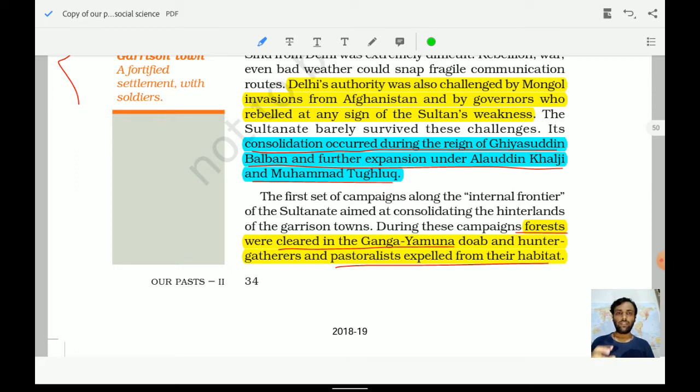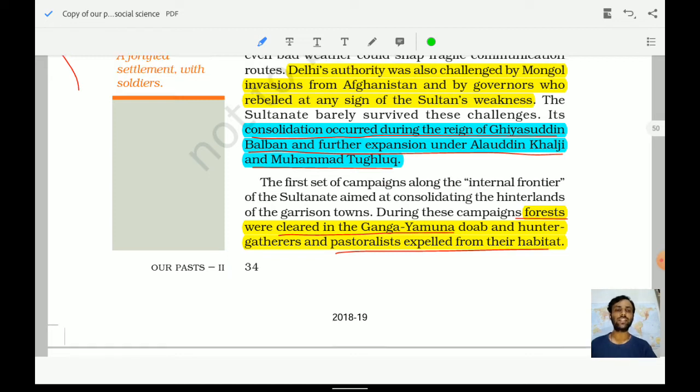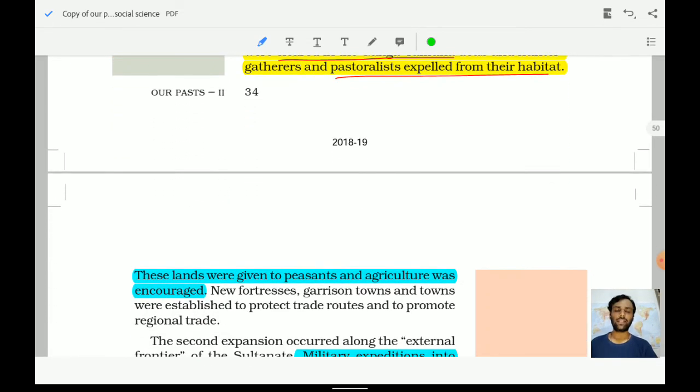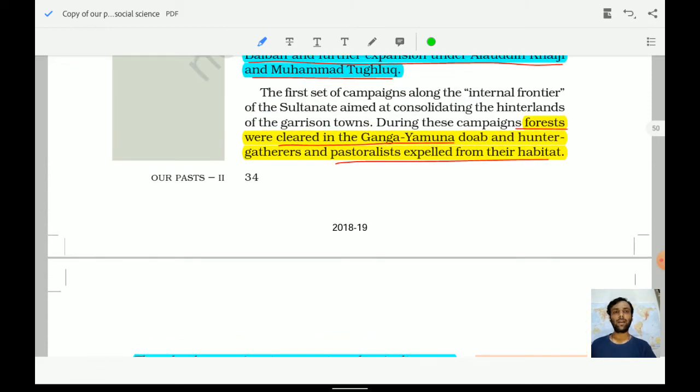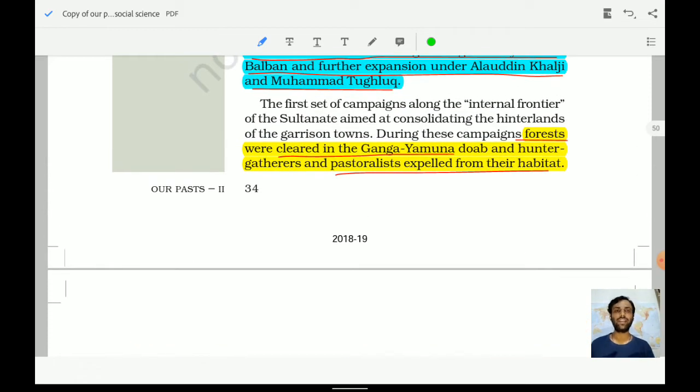And further expansion under Alauddin Khalji and Muhammad Tughlaq. The forests were also cleared in the Ganga Yamuna Doab, and the hunter gatherers and pastoralists were expelled from their habitats. So why were these things happening? There were 2 or 3 reasons.